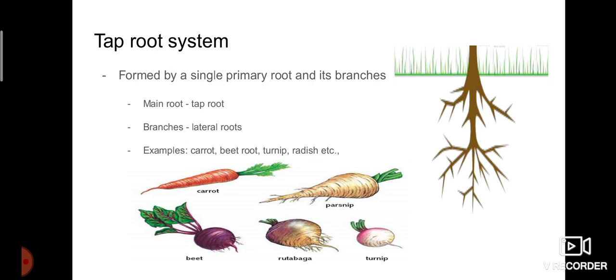There are two different types of root, taproot and fibrous root. Taproot has one primary main root and other roots are called lateral roots, found in carrot, beetroot, turnip, etc.